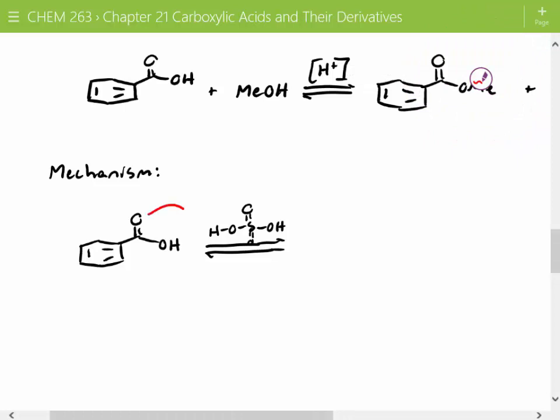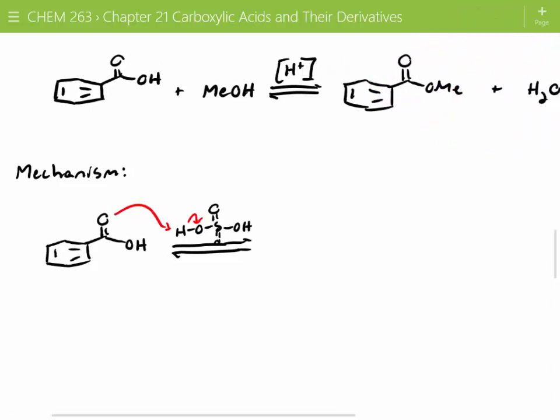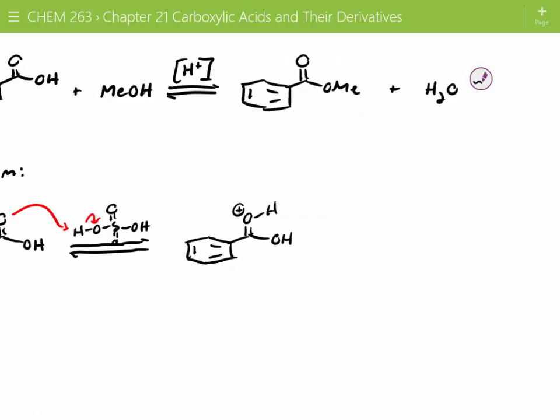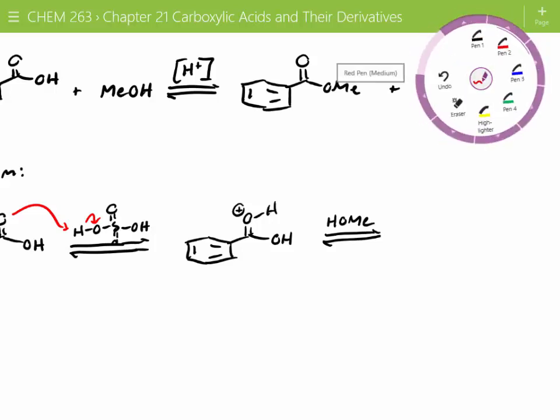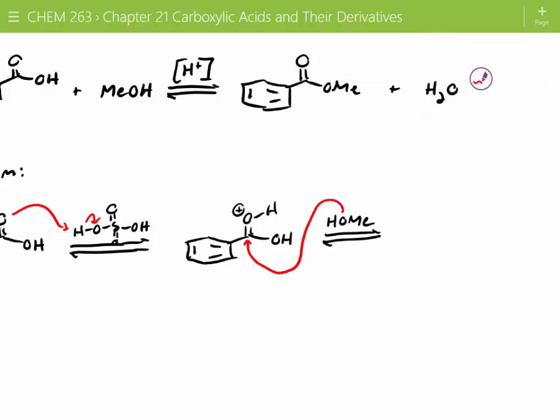So our oxygen on our carbonyl can get protonated, dump off electrons. This makes our carboxylic acid a much, much better electrophile. Exactly. All right. Now we've got this, and we had methanol around in solution. Our homie. Never gets old.